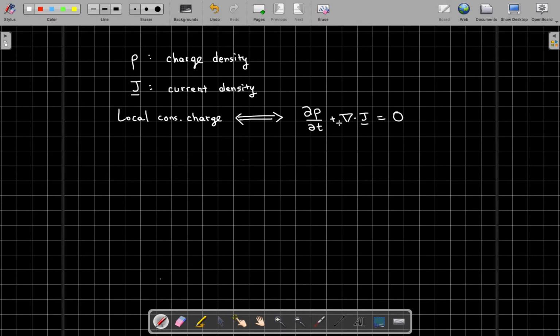This is also used in fluid dynamics. In a way, it's saying that the charge and the current could be viewed as a fluid that has conservation of mass. In fluid, you have conservation of mass, and here we have conservation of charge.